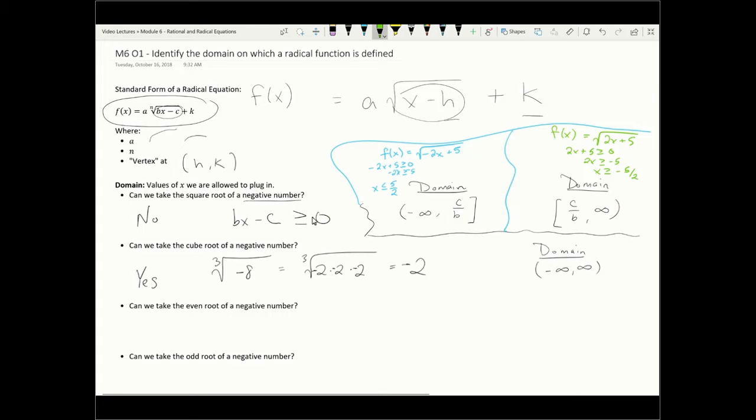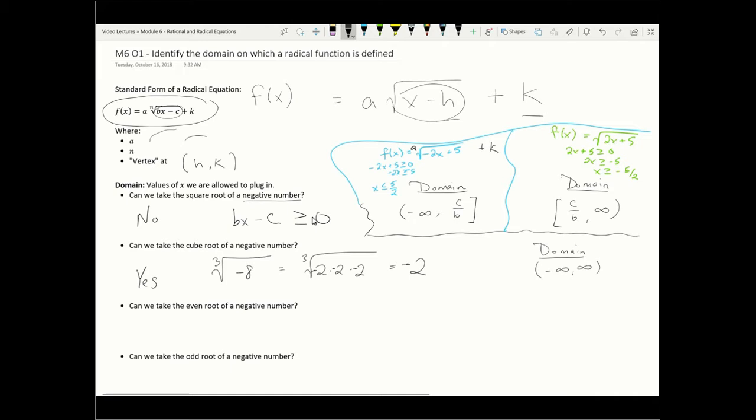So we can see those are the two different things that we could end up having. And then just as a quick side note, if I had something here, or if I had something here, these values aren't going to change what I'm allowed to plug in for x, because they're not changing what's under the radical. So it actually doesn't even matter, and they could be anything. It would still be the same domain here.